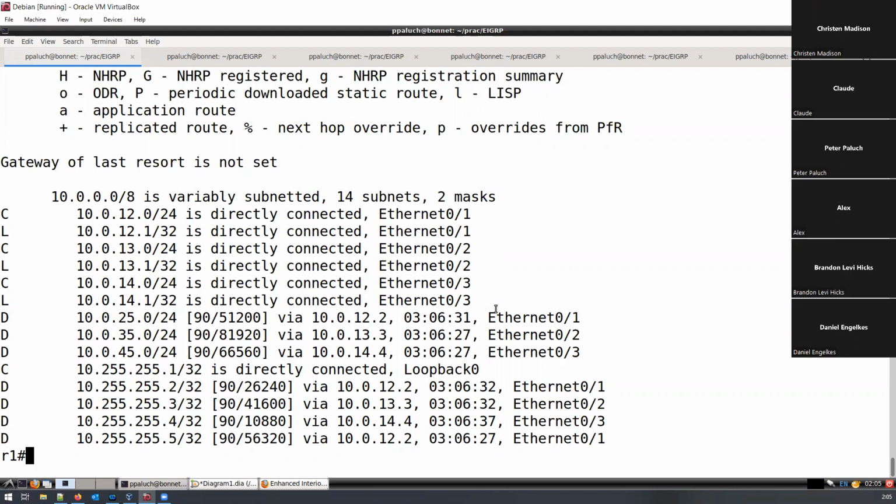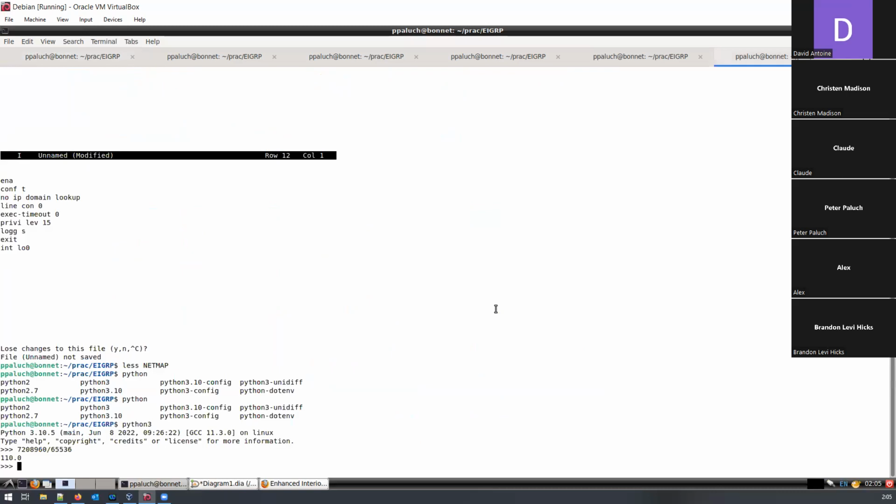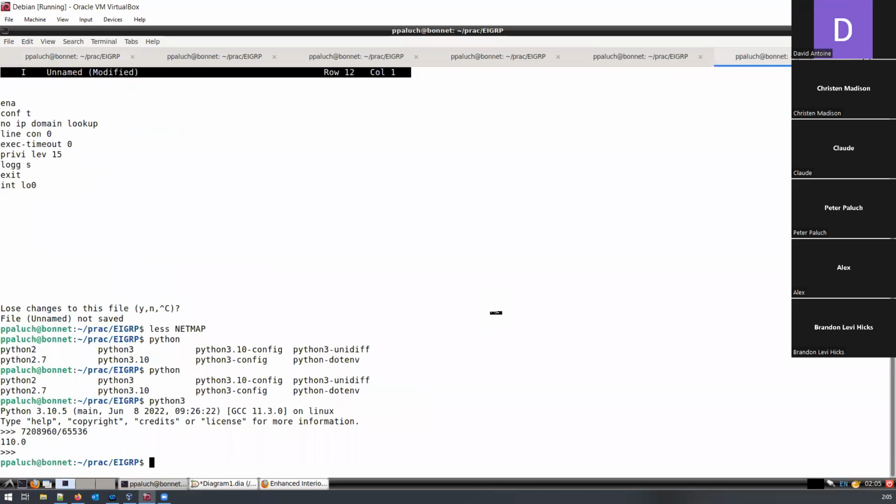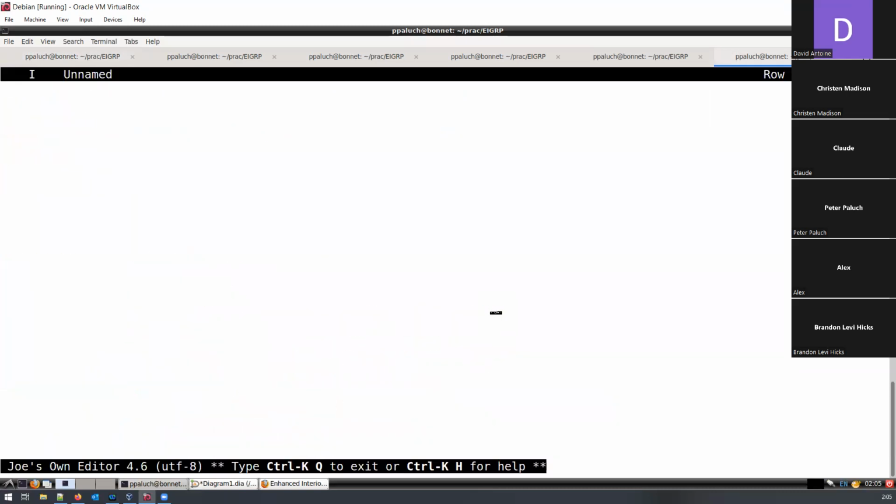And the old IGRP was designed to take into account 5 properties of a possible path to a destination. And I'm just going to list them down in some kind of an editor.